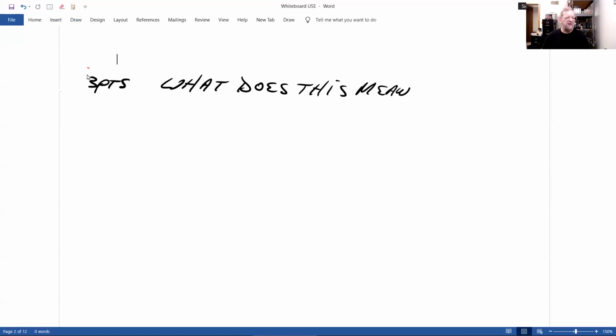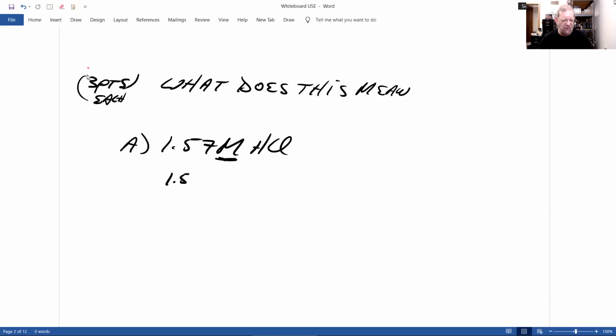Thumbs up, people. Everybody see on your screen now, 3 points each. What does this mean? And the question is, what does this mean? As soon as you see capital M, that means molarity.